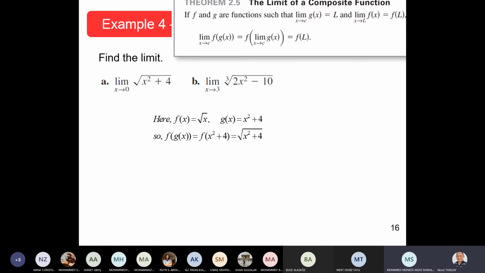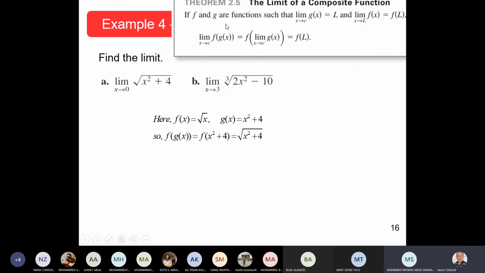In here, you have a root and some polynomial inside. What you can do is just do substitution. If you do substitution, what is the answer here? 2. Exactly. Now, this theorem tells why this is happening.